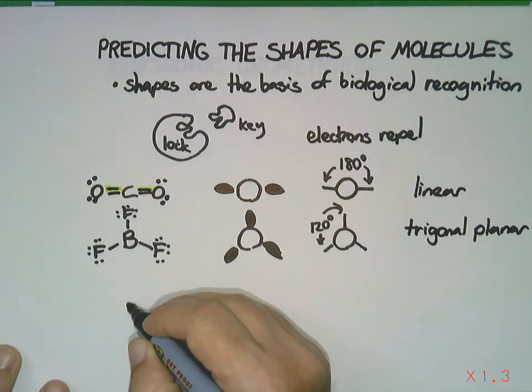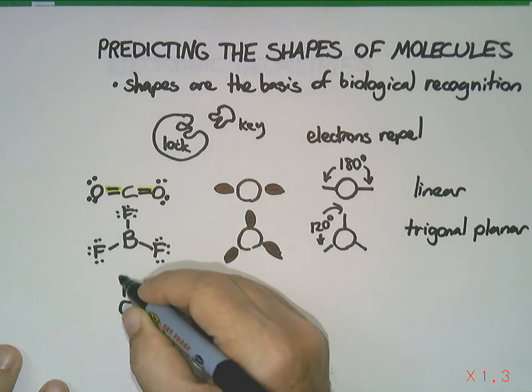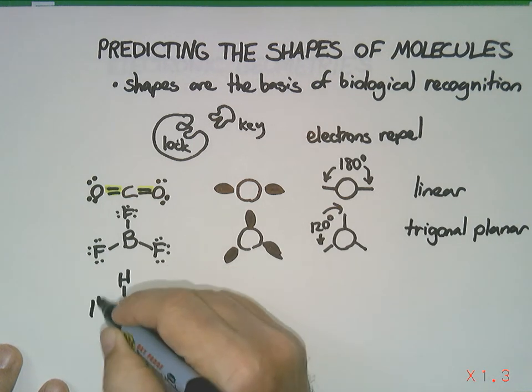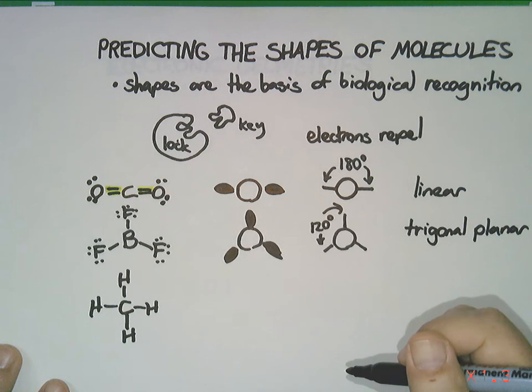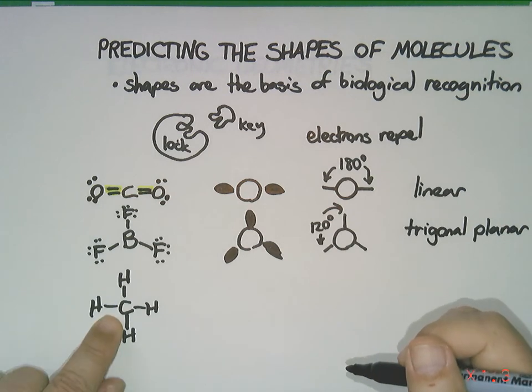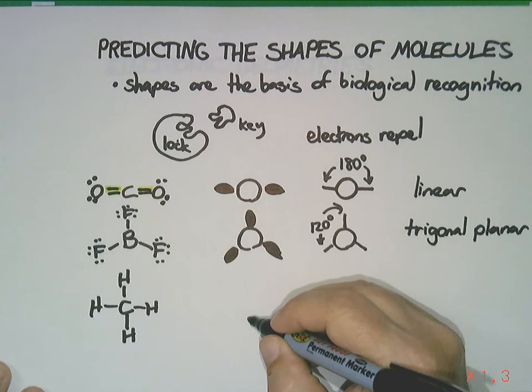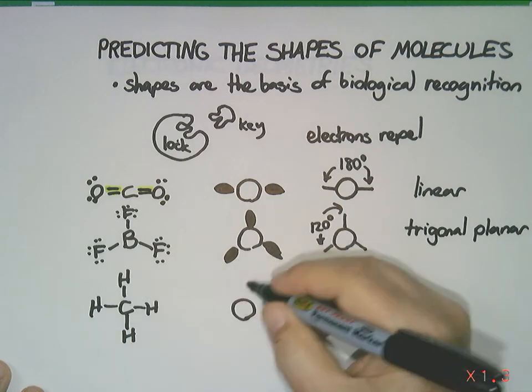Now what if I do natural gas, CH4? My Lewis structure might look like this. Will look like this for CH4. How many things are around, how many clouds are around the central atom? 4. There are 4 bonds.